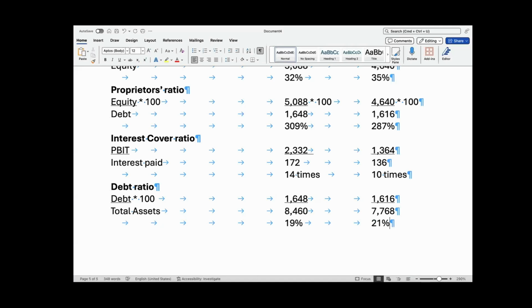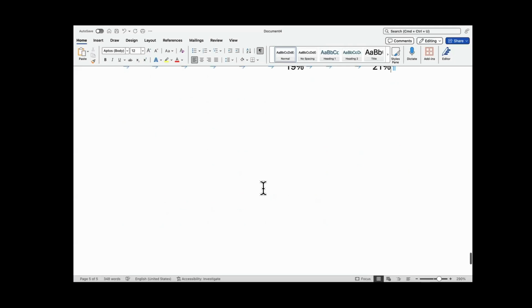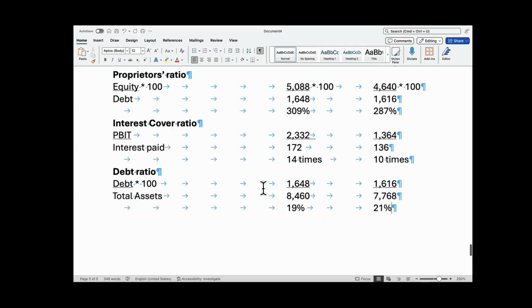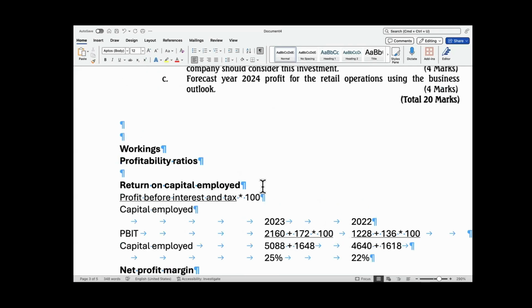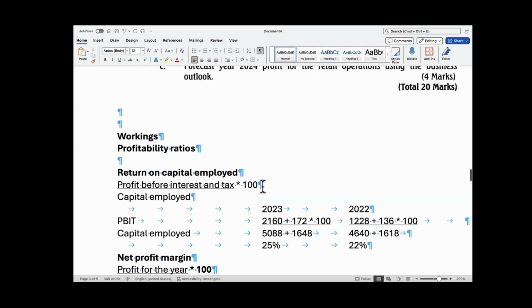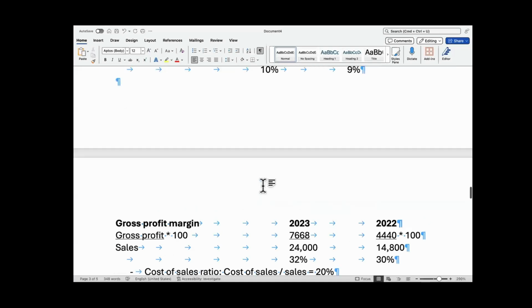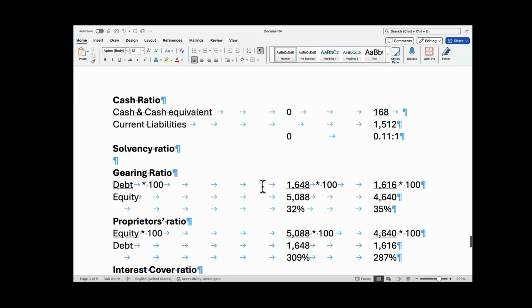So the reality is that in the exam, you must be able to compute all these ratios within around 15 minutes.